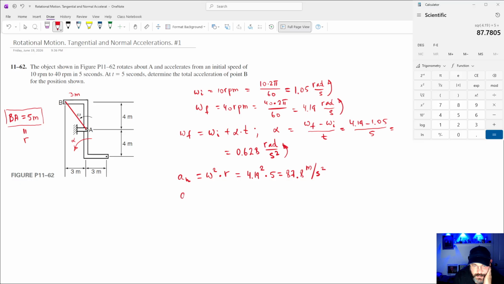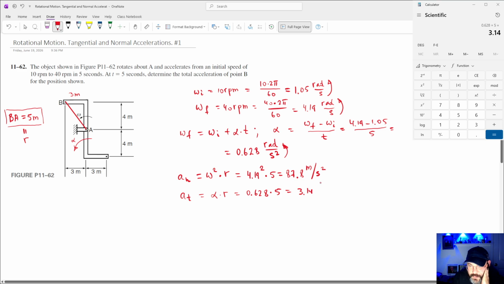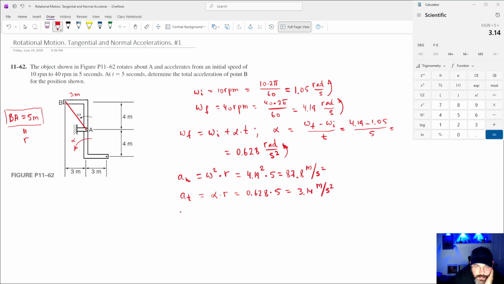Okay, and then the tangential component is equal to alpha multiplied by r. Alpha is 0.628 multiplied by 5, and this is equal to 3.14, right? So 3.14 meters per second squared. So we can calculate the magnitude of the total.